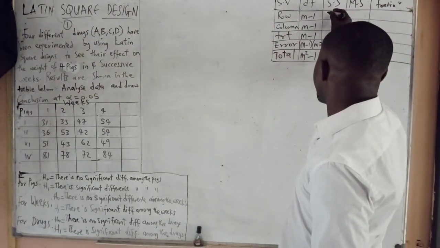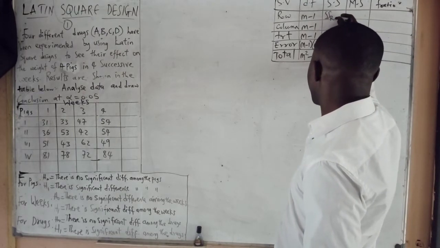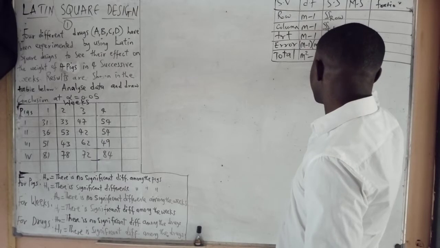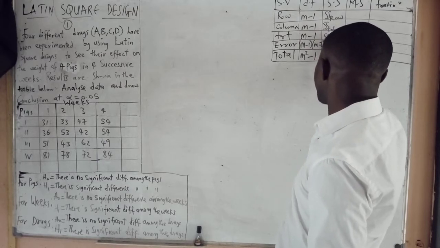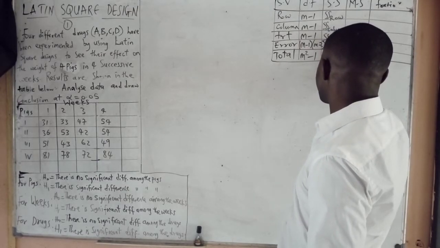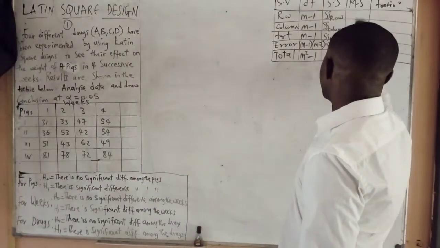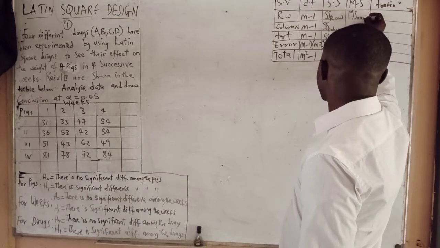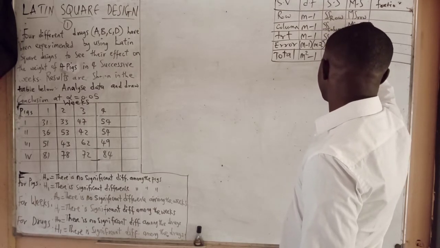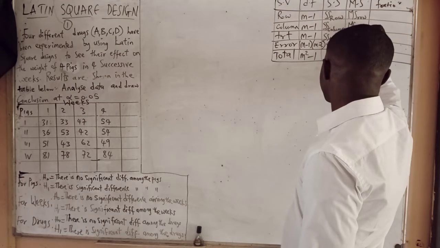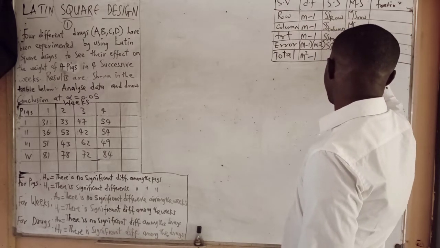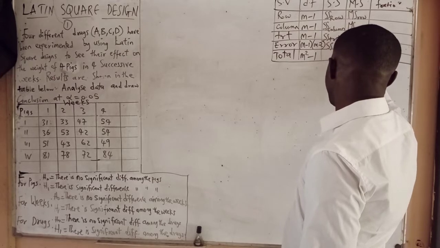Then sum of squares: sum of squares of the row, sum of squares of the column, sum of squares of the treatment, sum of squares of the error. Then mean of squares of the row, mean of squares of the column, mean of squares of the treatment, and mean of squares of the error.